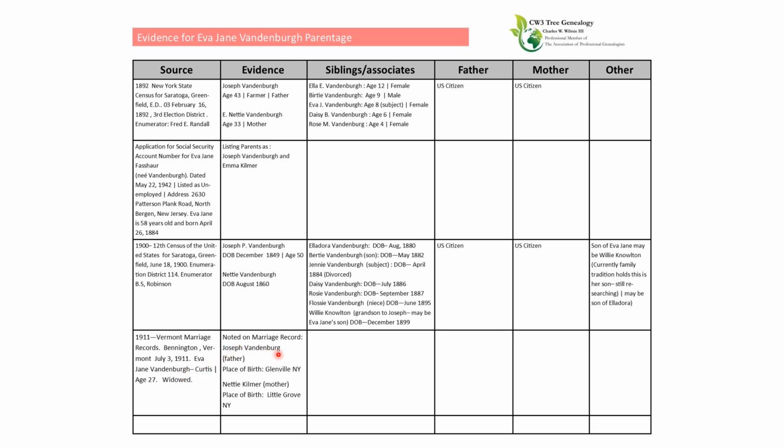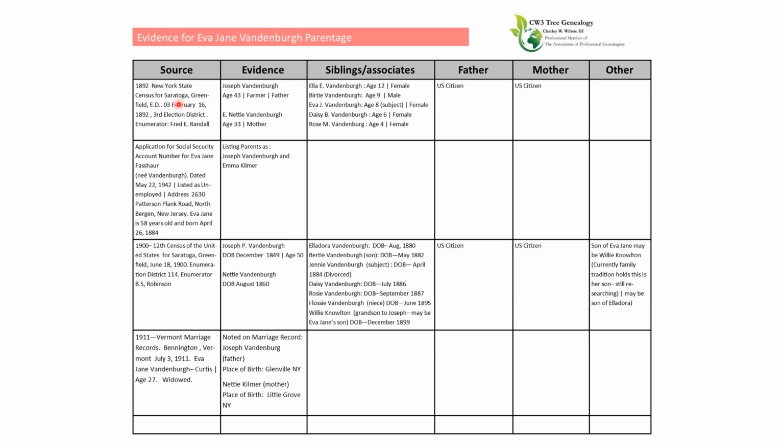Noted on the marriage certificate are Joseph Vandenberg, the father, Glenville, New York, and Nettie Kilmer, mother, Little Grove, New York. So we know that these are the parents of Eva Jane. So we can conclude reasonably at this point, but not for sure, that she has another last name named Curtis. There are no lists for siblings or father or mother citizenship or any other information.